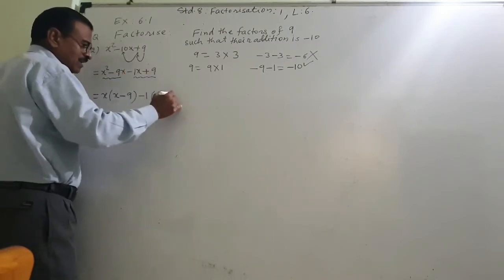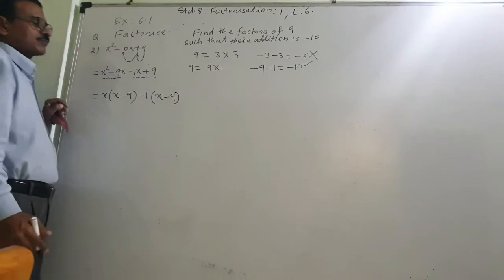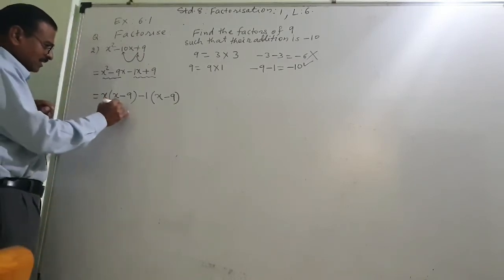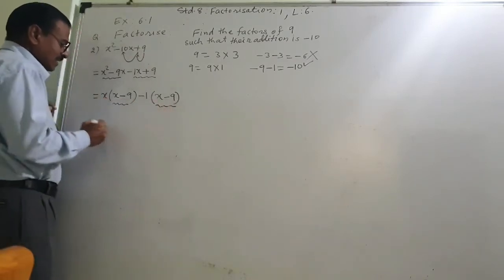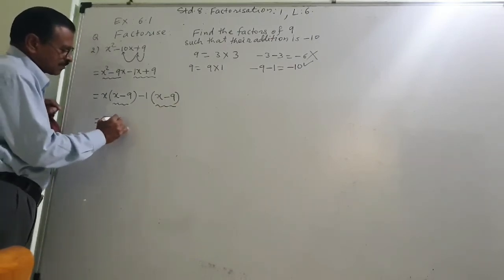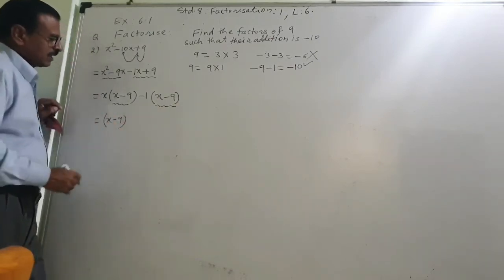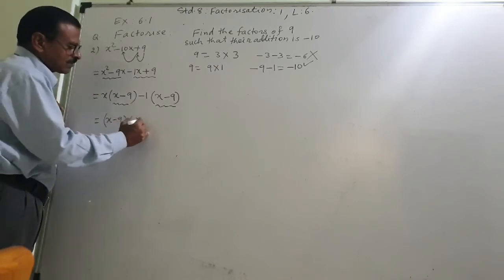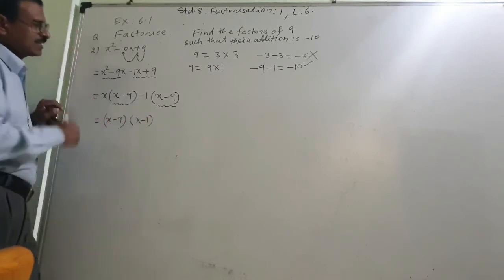It will be minus 9. And see, this bracket and this bracket are the same. So that is equal to x minus 9, this bracket is common, and what is remaining? x minus 1. So these are the factors.